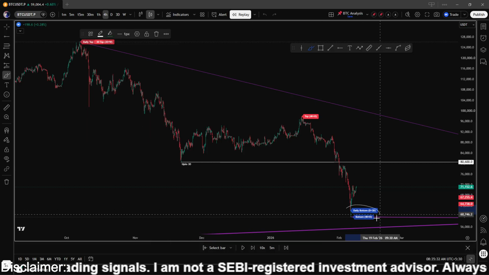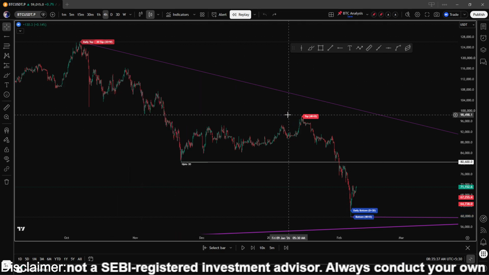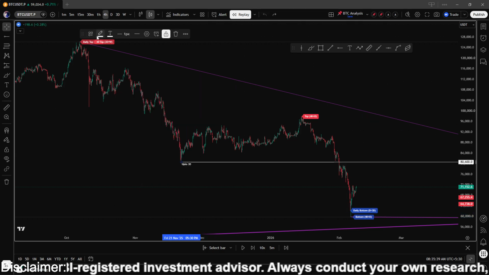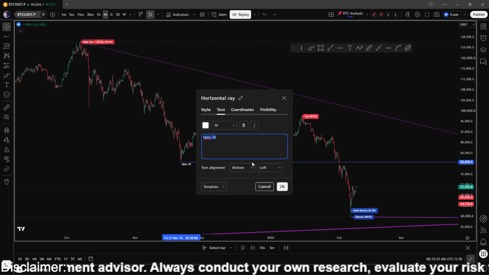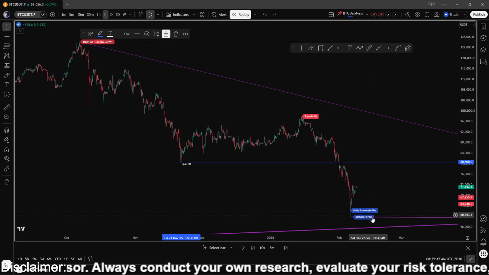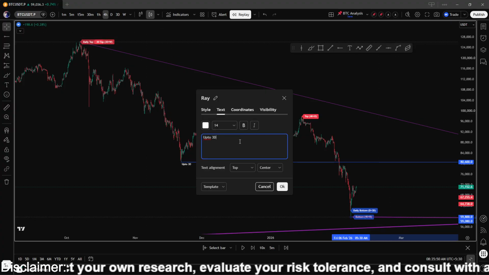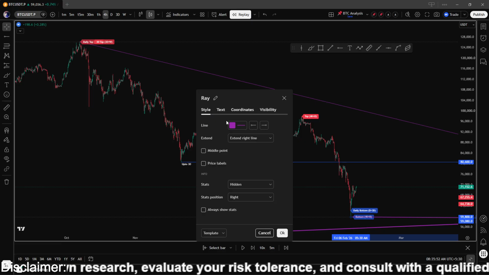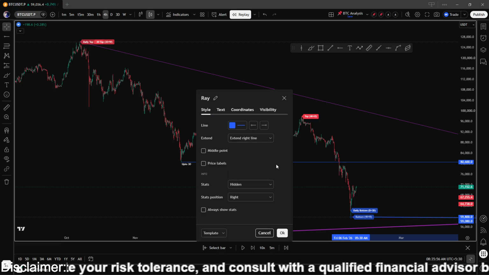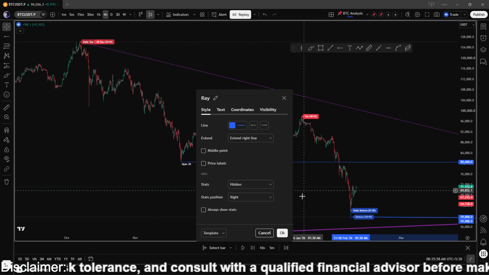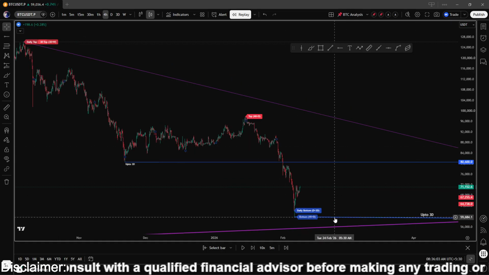Right now we do not have the weekly on this one also. So in this case also, let me change this color for the time being, and let's add this as up to 3 day.